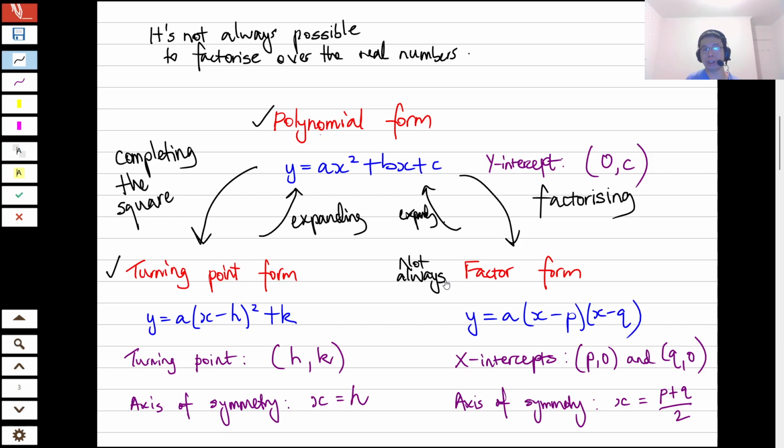And if I want to go from turning point form to factor form, it's factorizing as well. You'll need to use something called a difference of perfect squares. I'll talk about this in another lesson in the future.